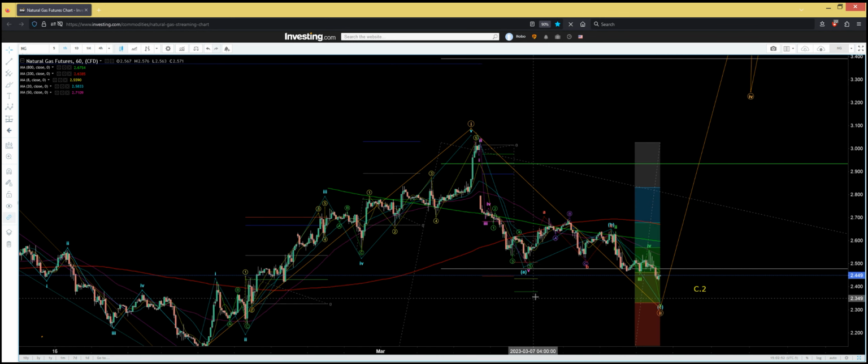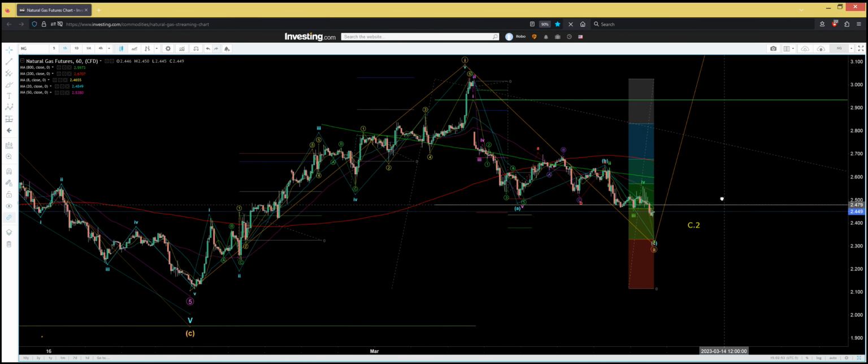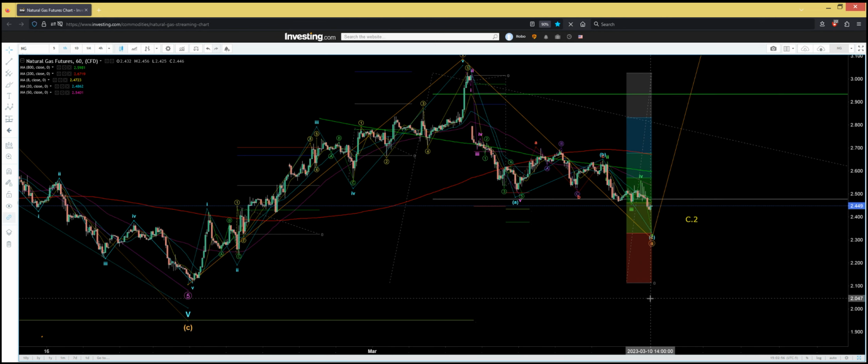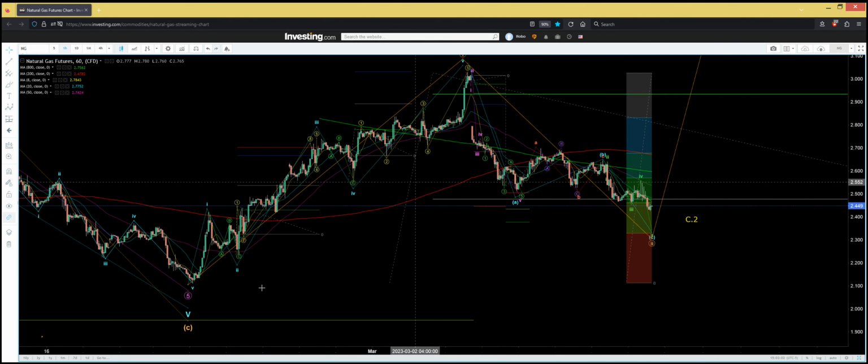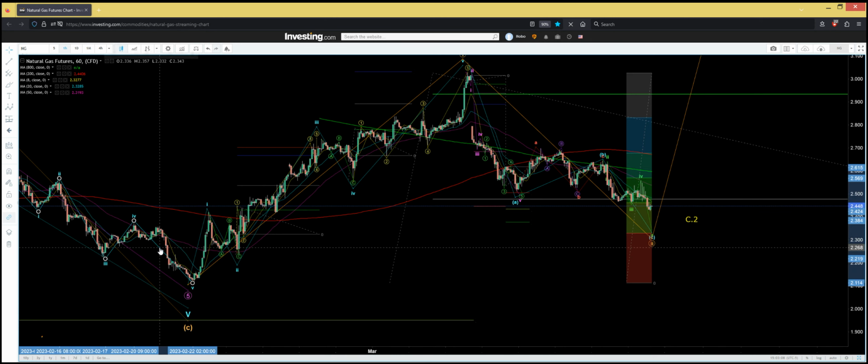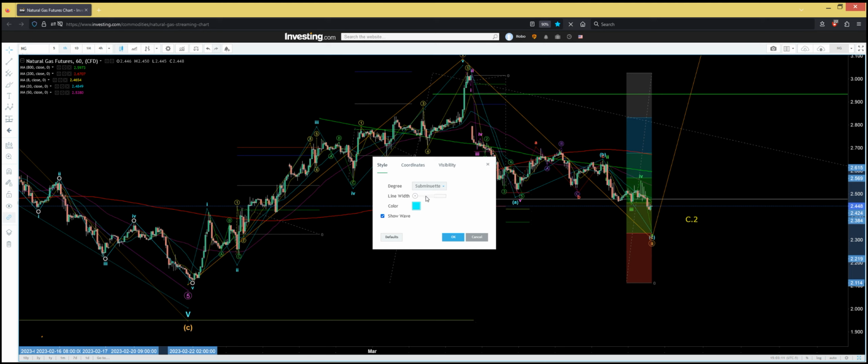If it does go, well, this would be 5 then. This would be 1, 2, 3, 4, 5, if that's the case. But given the count over here, what I believe is actually going on is we've started a new cycle.